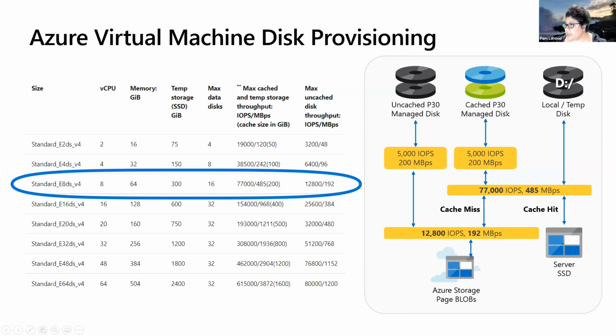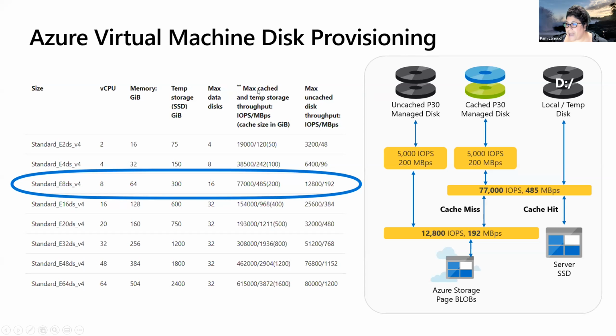So here's that diagram again, and here I'm mapping the documentation for the various pieces with how this is laid out. So you can see my P30s support 5,000 IOPS and 200 megabytes per second of throughput. That's your disk level provisioning. That's how much each one of those disks is capable of. Then we've got the SSD level provisioning.